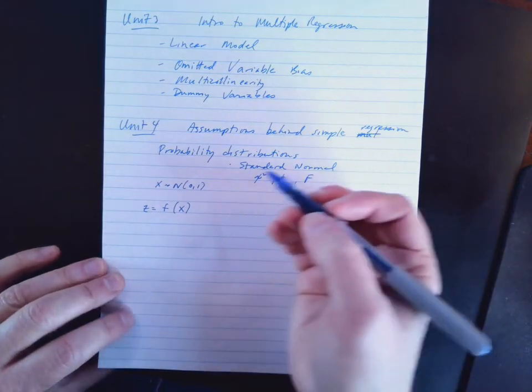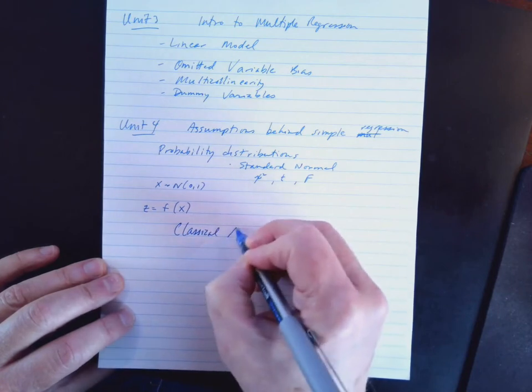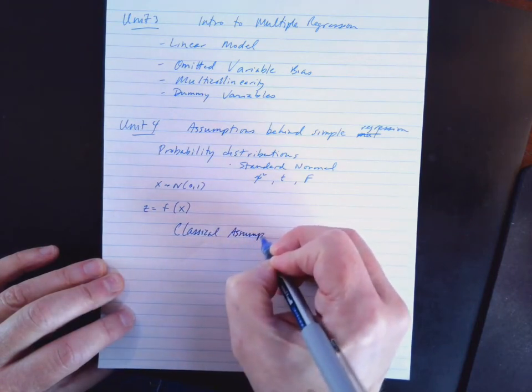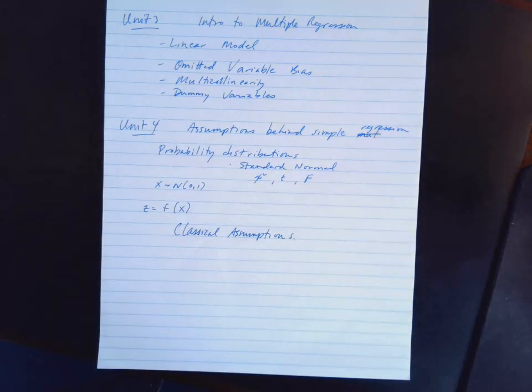But what we spent most of the time talking about were the classical assumptions. That list of assumptions: the errors have a mean of 0, they have constant variance, there's no autocorrelation across the sample, you know the list.